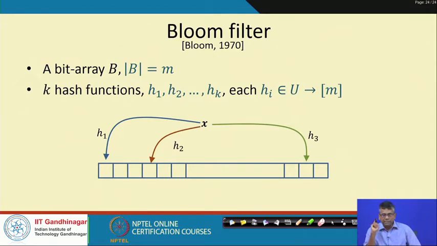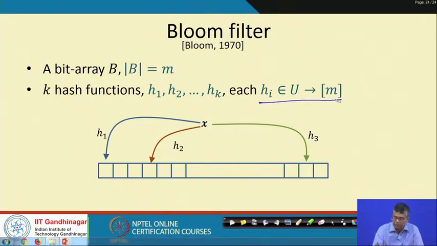Each hi is a map from every element of the universe to again the indices of the array, 0 to m minus 1. That is, mathematically speaking, each hi is a map from U to 0 to m minus 1, which is what this expression denotes. So, we might use that later on also.